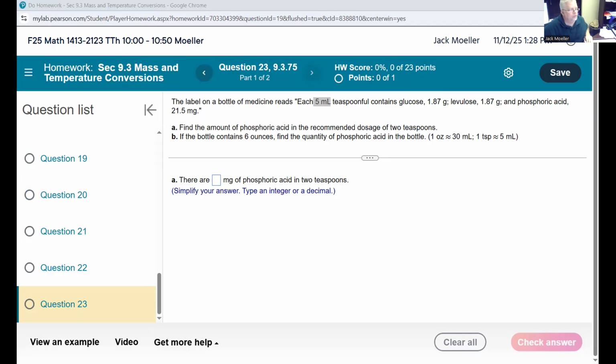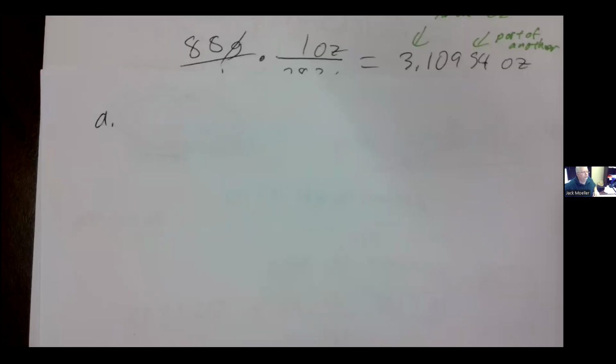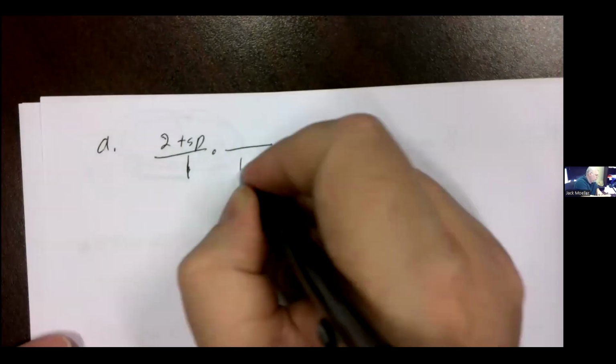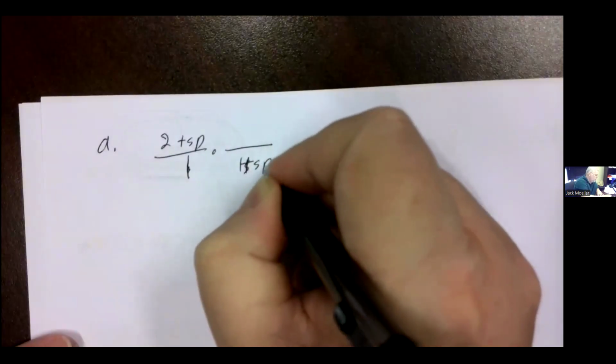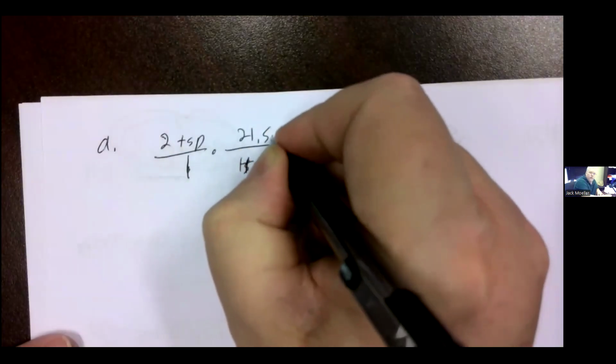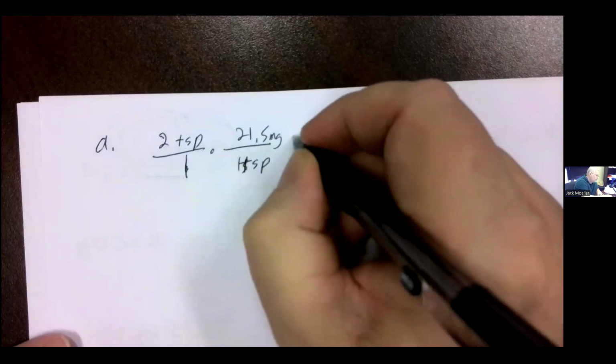Let me get back to paper. We're starting with 2 teaspoons, and we want to go to how much phosphoric acid there is. Well, the connection is 1 teaspoon contains 21.5 milligrams of phosphoric acid.